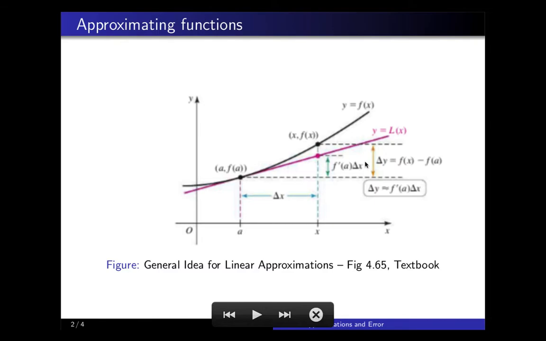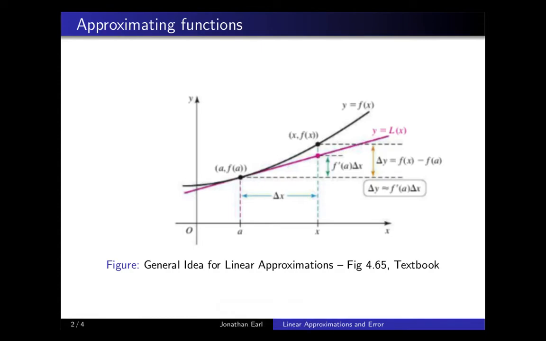And the difference in these y values is just f of x minus f of a. Then we have the approximating magenta line big L of x. So if we go over to x, our L of x value is going to be f prime of a times delta x. So just rise over run, nicely, because we have a straight line.